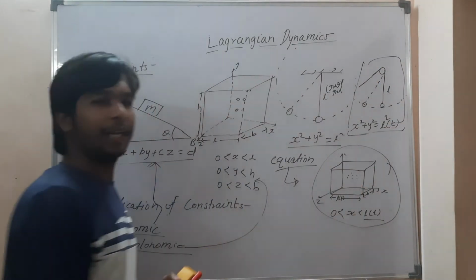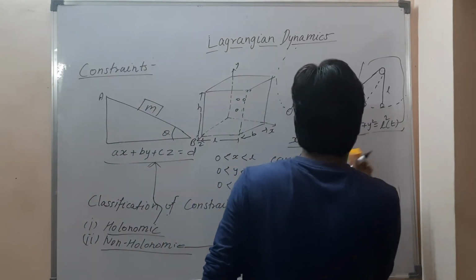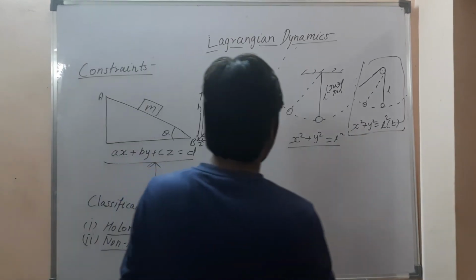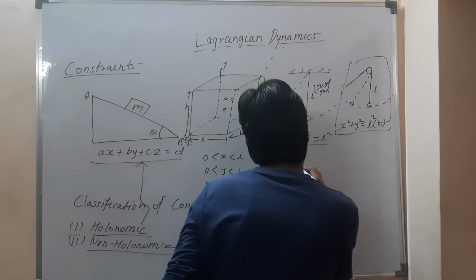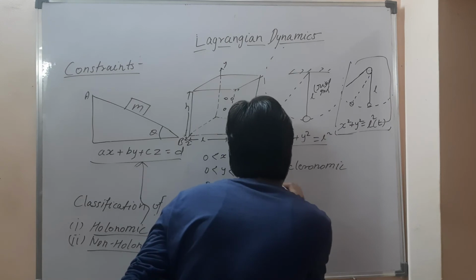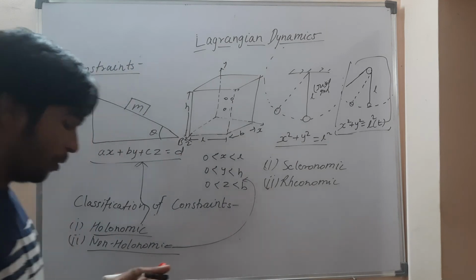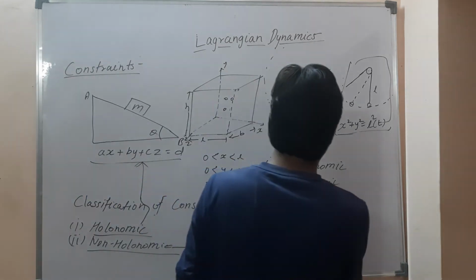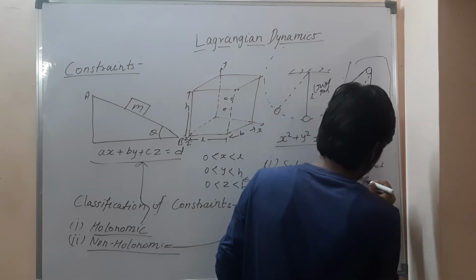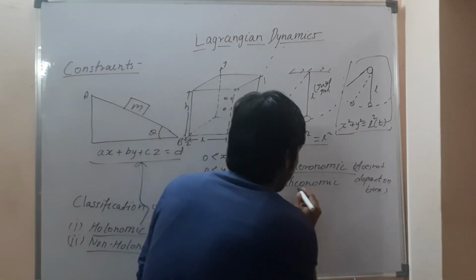So for this, we can classify two more types: scleronomic, and second, rheonomic. Scleronomic does not depend on time, and rheonomic depends on time.